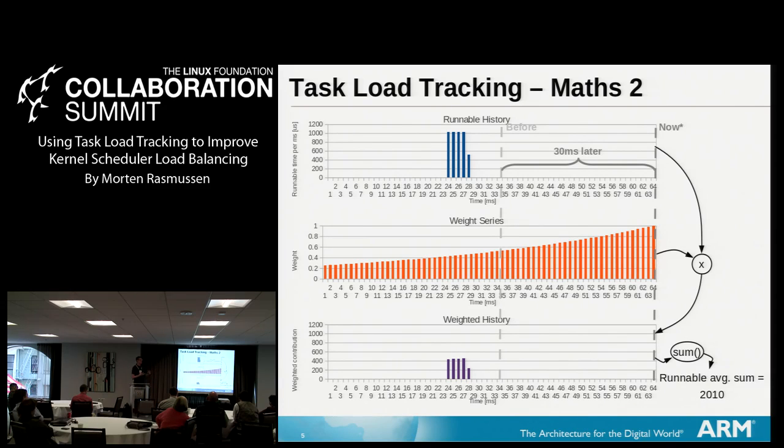So this is the fundamental thing in the track load. You apply a higher weight to what just happened, and over time your history will decay and eventually diminish. But this is not the whole truth.